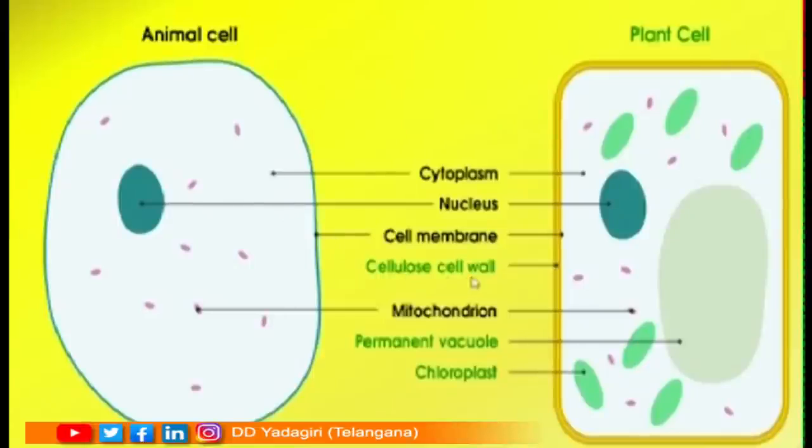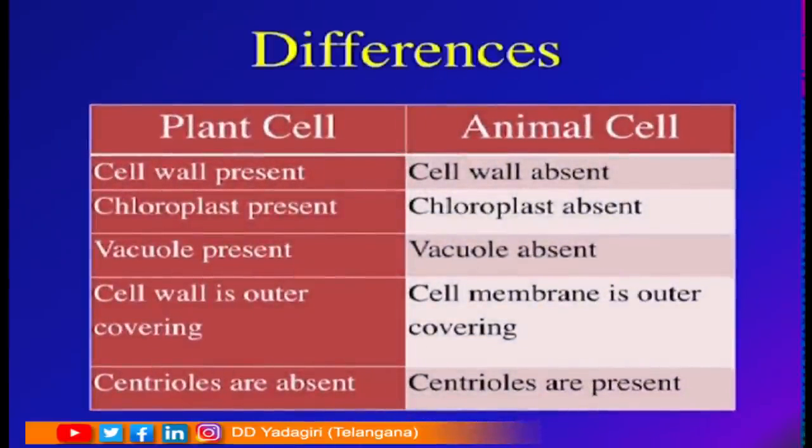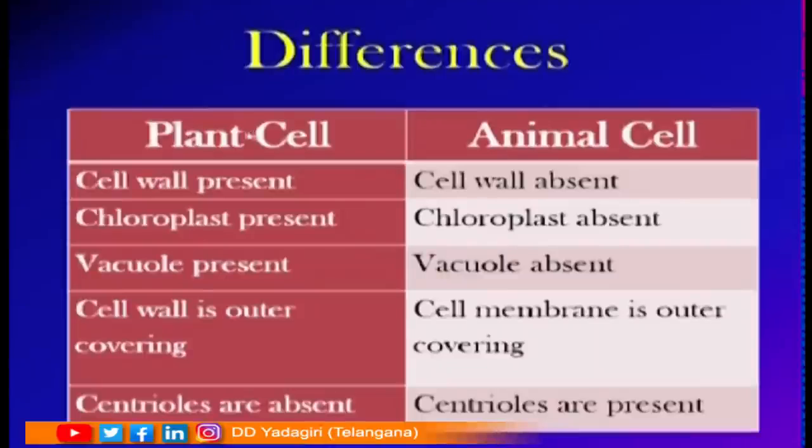Are you clear, children, with these structures? Plant cell has cell wall, chloroplast and vacuole, which is absent in animal cell. So, we will tabulate the information here. You can see a plant cell and an animal cell.